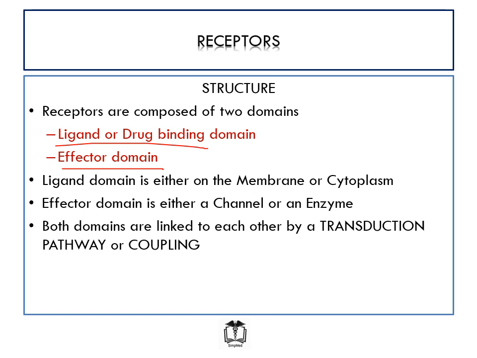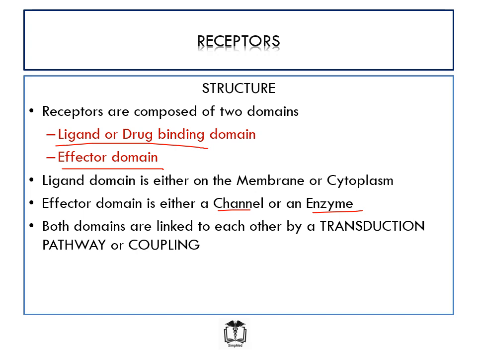The effector domain could either be a channel or an enzyme, or it could be both. And we'll talk about this in terms of the different types of receptors. Receptors could have a channel, could have an enzyme as an effector domain, or they could be a combination of both.